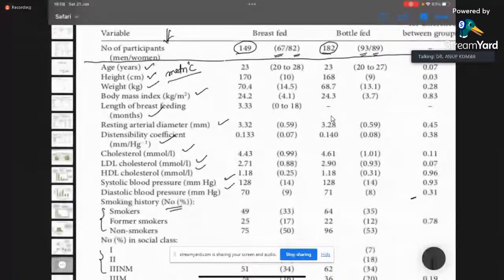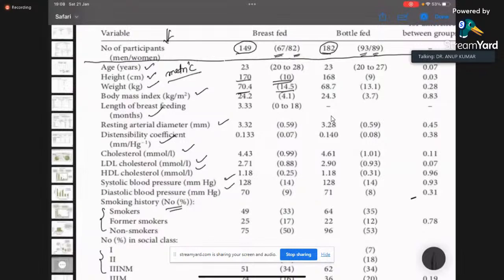Now, you can see the height is written something like this, 170, and in brackets it is written 10. Similarly, for weight, it is written 70.4, and in brackets 14.5.